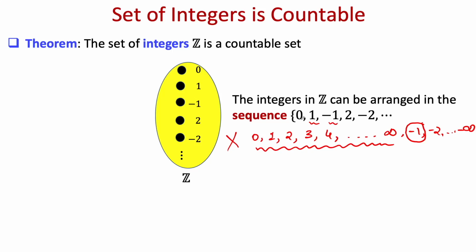Whereas the way I have listed down the elements, where I am alternately listing down the positive and negative integers, that means along the number line I started with 0, and then in each step I am listing down the next positive number and then the next negative number, then the next positive number, then the next negative number.